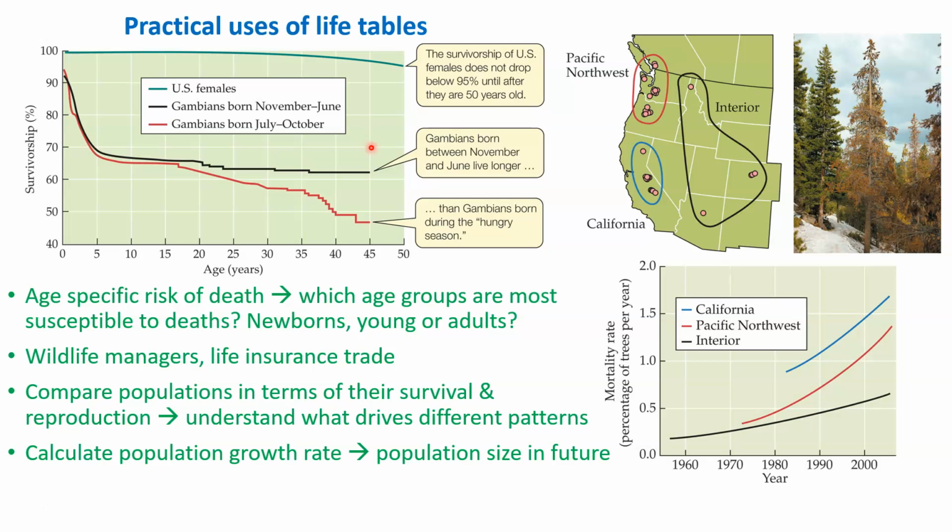We can clearly see that there's a distinct survivorship difference between the US population and the Gambian population, right? Even within Gambia, we can see a difference between those born between July and October, the so-called hungry season, who are faring less well compared to those born between November and July, outside the hungry season, right?